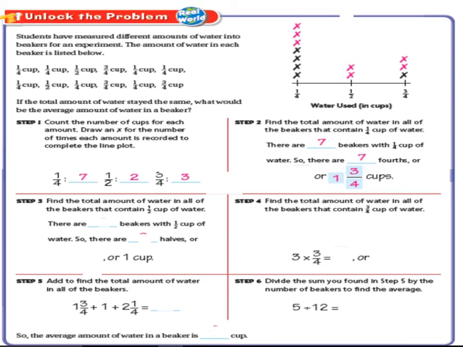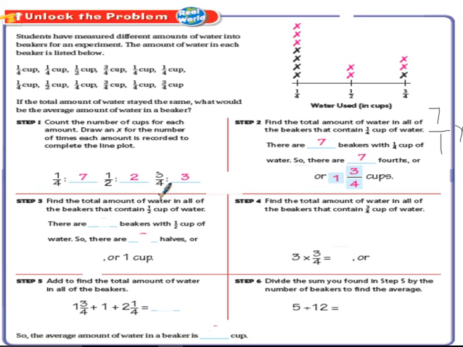Because just a little reminder, 7/1 times 1/4 equals 7/4. 4 goes into 7 one time with 3/4 left over.